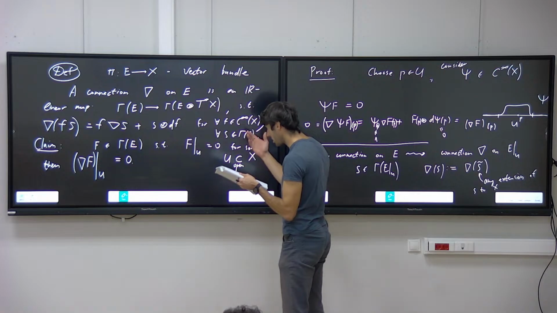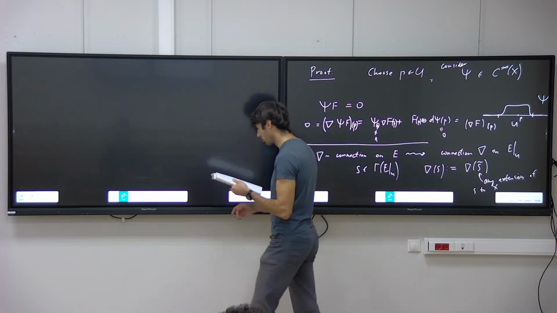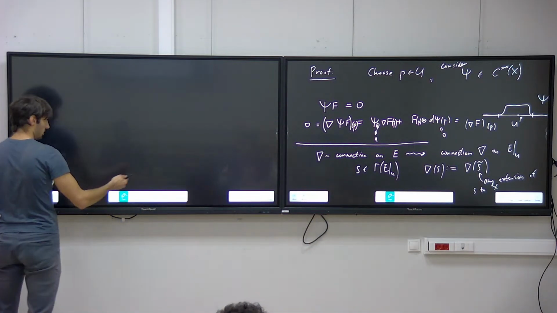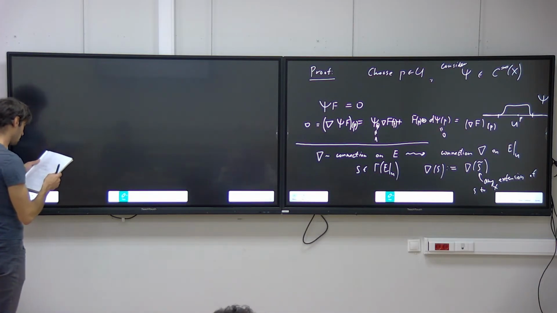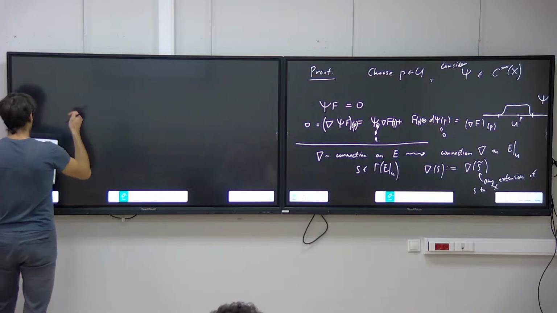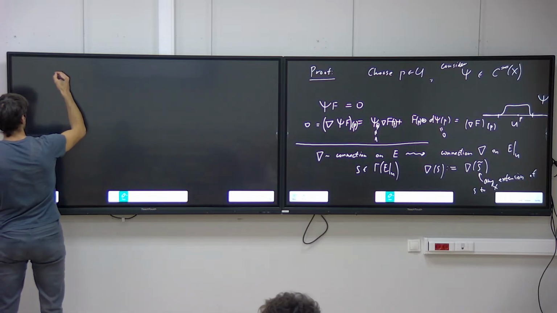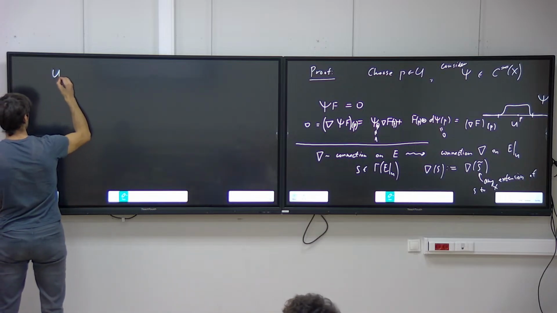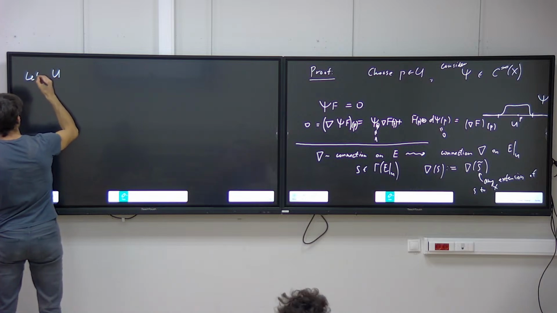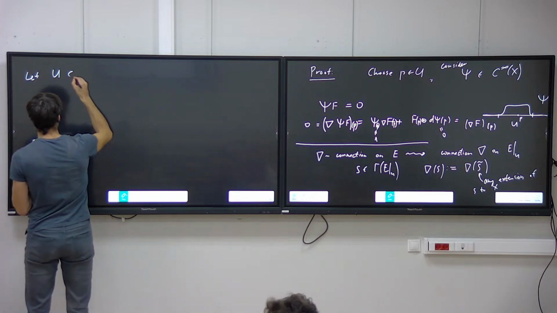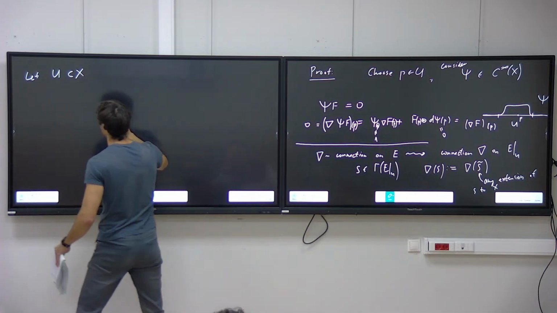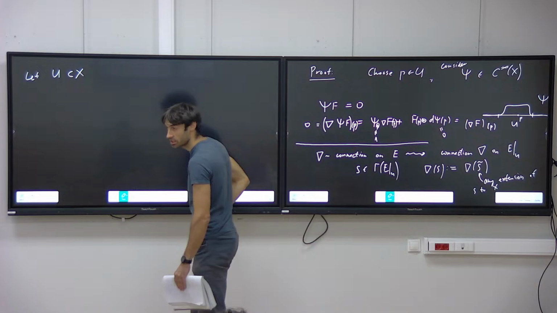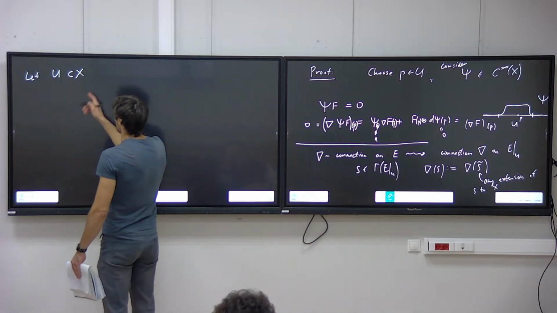So now I can define what are called Christoffel symbols, which I defined already without these details in the homework list. Suppose that I have U inside X. Again, we have all the previous notations. E is a bundle over X, and this is open.